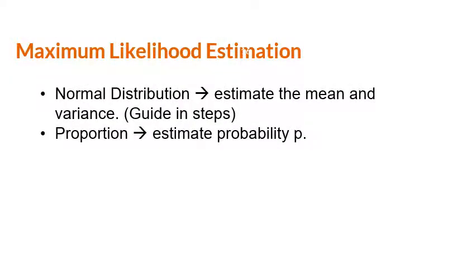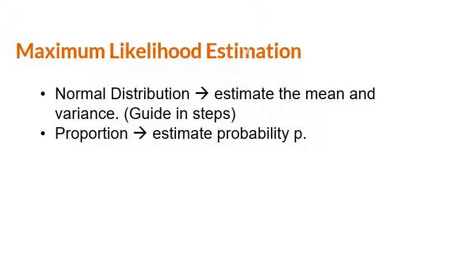Okay, let's now first discuss maximum likelihood estimation. So we will work out the normal distribution. This is a step on how we derive your maximum likelihood estimator by estimating your population mean and variance.